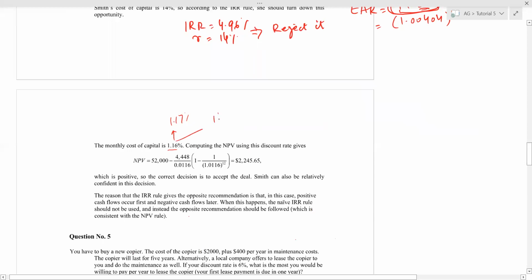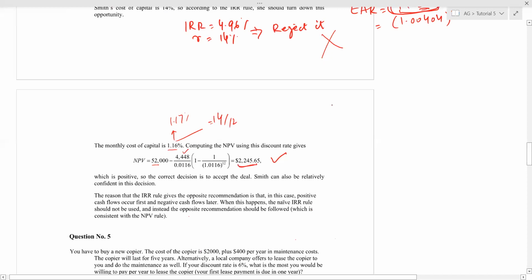By the way, I have calculated this by dividing by 12. Okay, NPV is equal to 52,000 minus this information, and your answer is positive. As you can see, IRR says that we are going to reject it, but NPV says we are going to accept it because it is positive. Now you can see that since there are unconventional cash flows, there is a conflict.